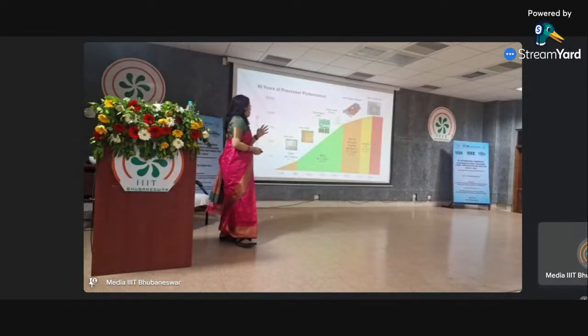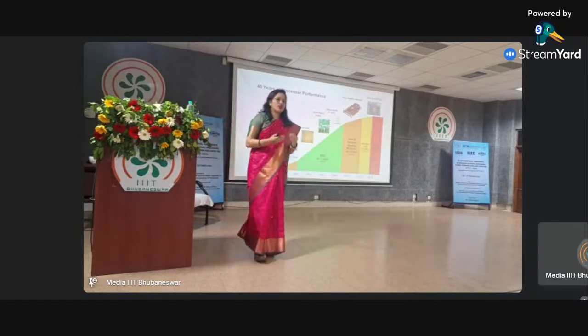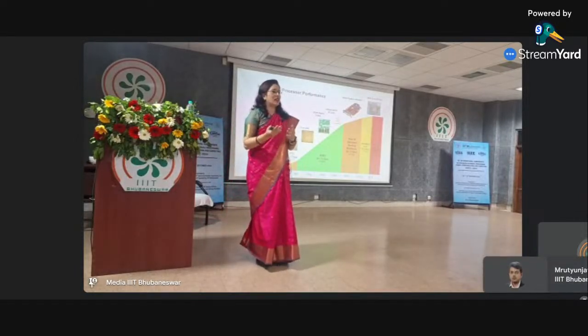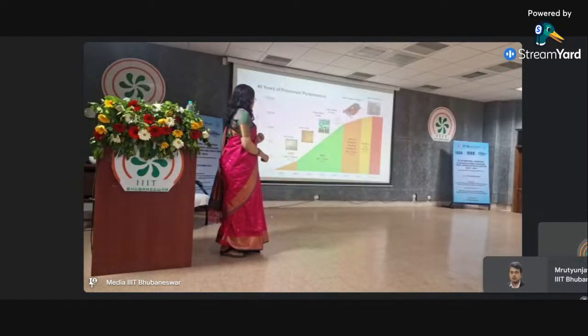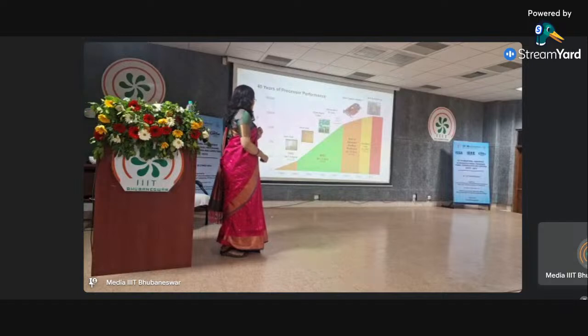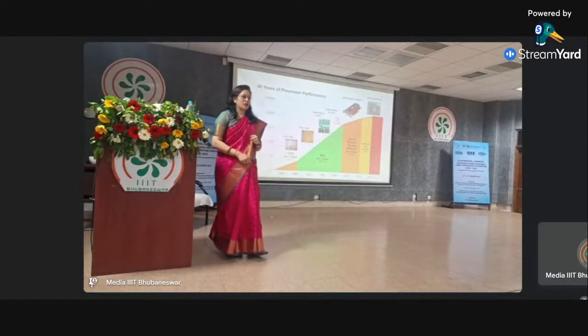And the way processor performance is calculated is how many instructions I'm able to process per cycle, IPC. So this is the main era which gave a massive jump in performance, that is 52% per year. And this was the main contribution of Hennessy and Patterson, which got them the Turing Award.